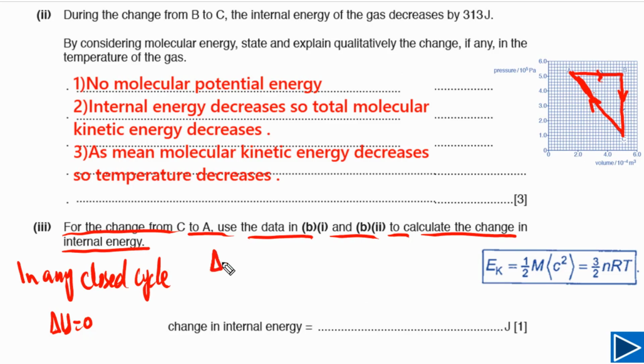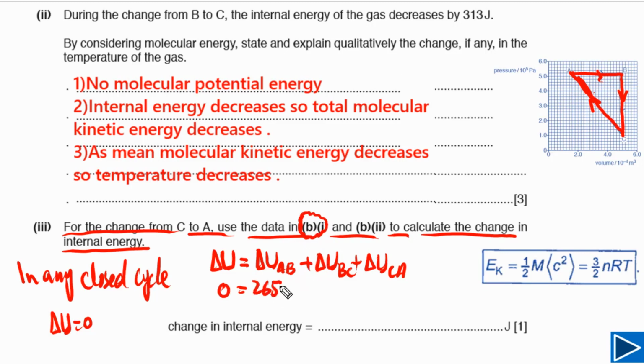We can simply write down for this closed cycle the total change delta U. We can say delta U from A to B plus delta U from B to C plus delta U from C to A has to be equal to 0. In part B1, we have already calculated delta U from A to B, and that was 265.